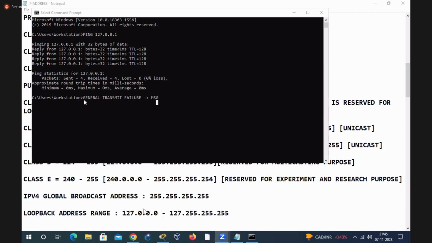So it is not always the case that you should use only this address to perform the self-diagnostics. Okay, you can always use any value between 0 to 255 in the second, third, and fourth octet to perform this self-diagnostics. For example, ping 127.0.0.10.